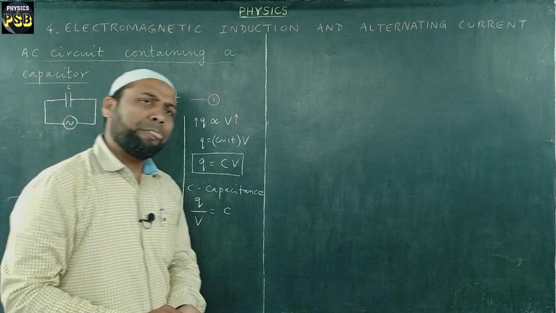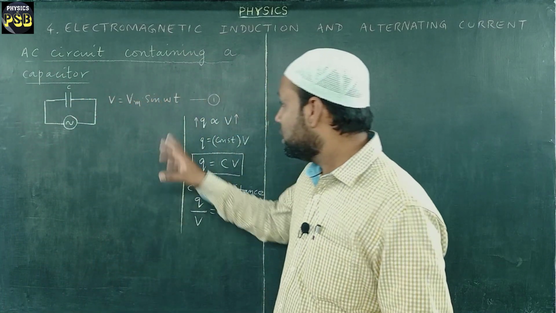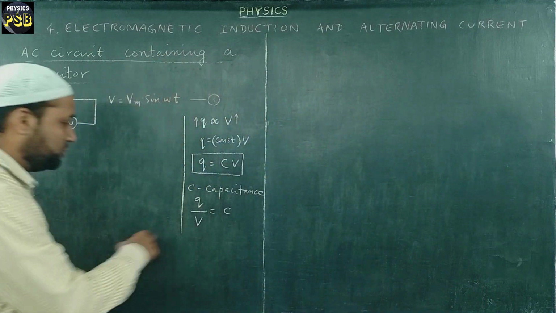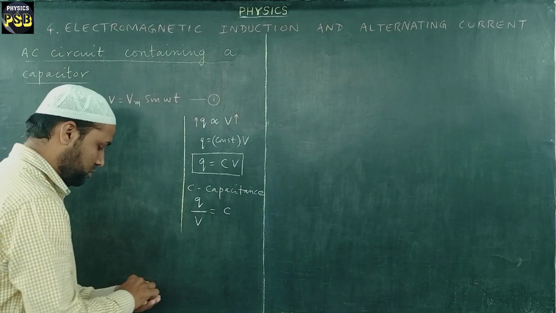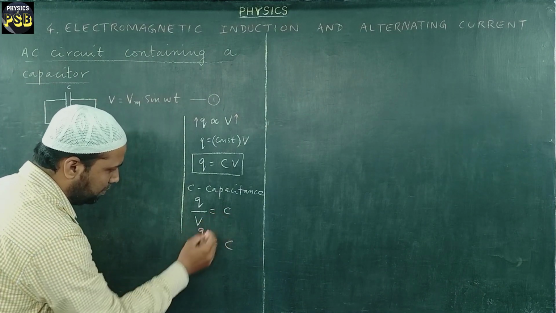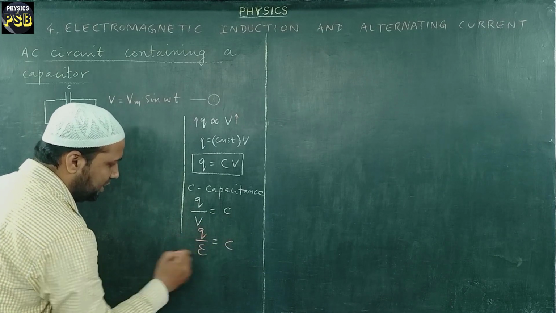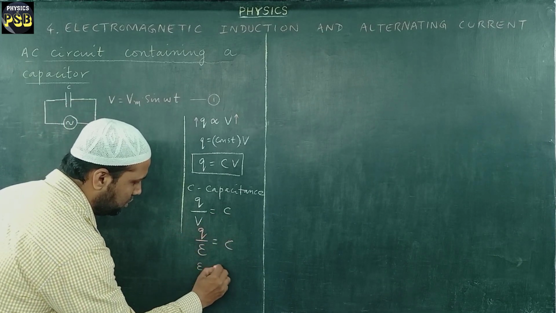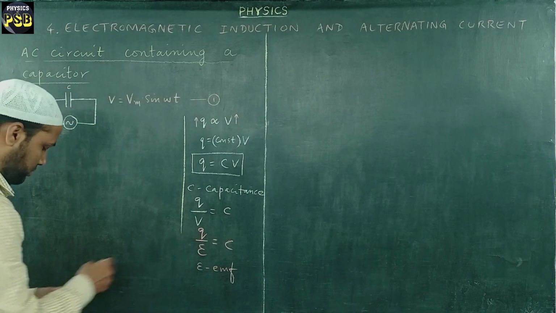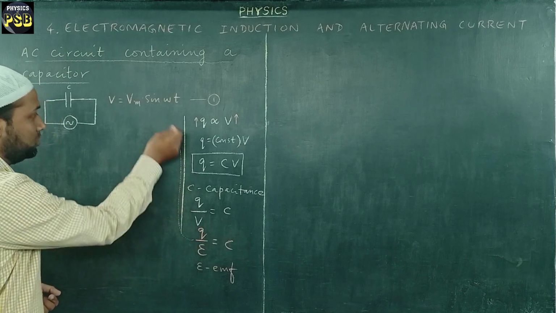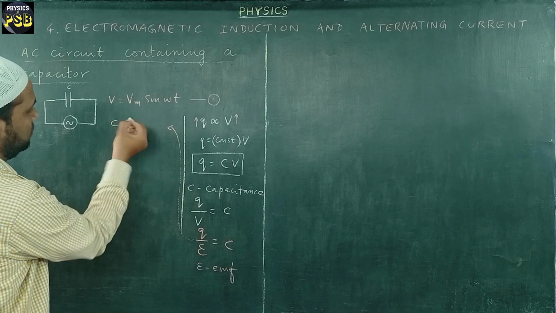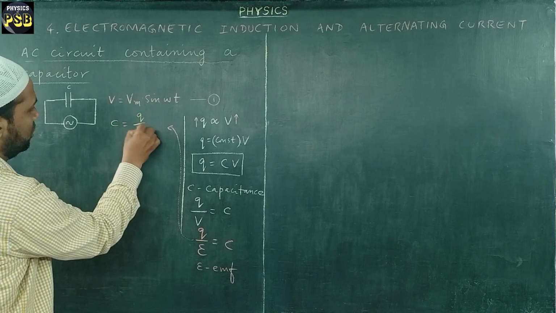Suppose our capacitor is connected in an open circuit. In such a case, this voltage is replaced with EMF. So in place of V, I will have epsilon. Epsilon stands for EMF. So now I am going to use this equation here, C equal to Q upon epsilon.